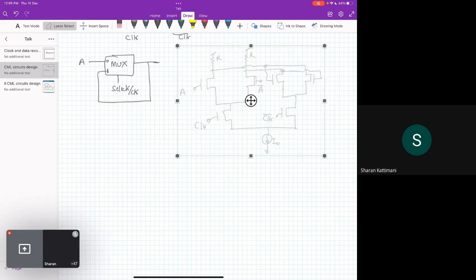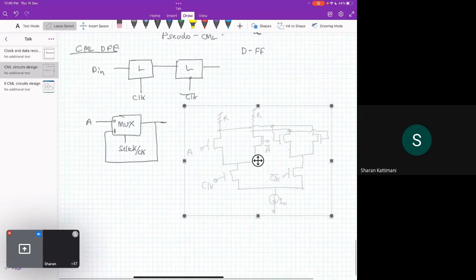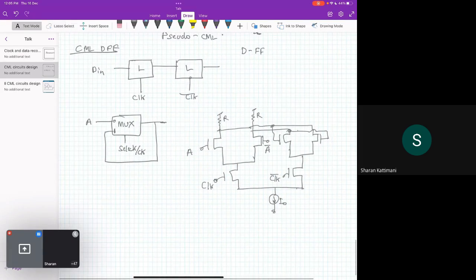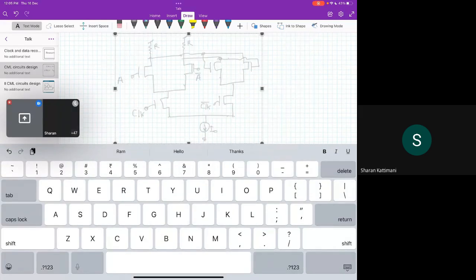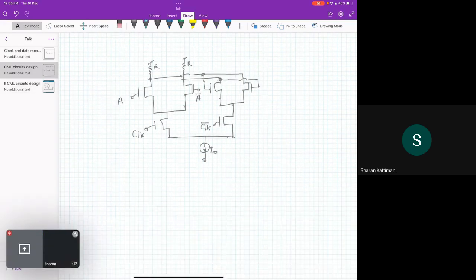So now maybe this looks like something different circuitry. So maybe if some of you have seen this circuitry, then it is in this form. Generally it is shown in this figure.